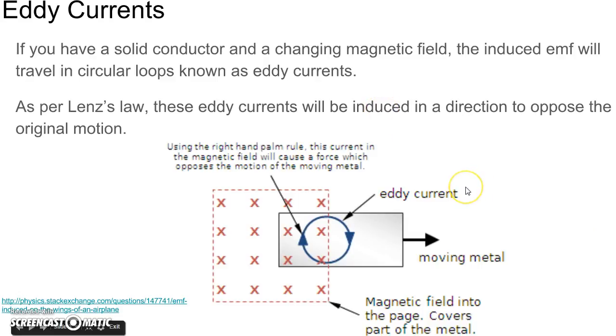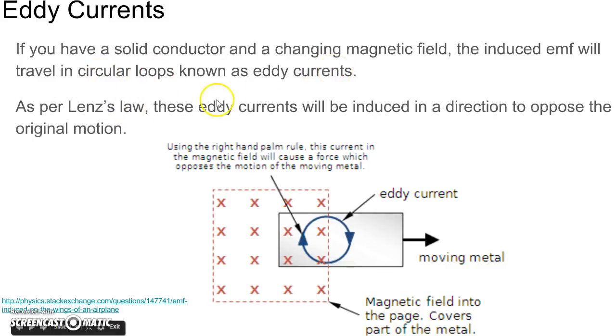Okay, so eddy currents. If you have a solid conductor, this occurs in a situation where we don't have a wire, we have a solid conductor. Here is a solid piece of metal that we're using rather than a wire. So if you have a solid conductor and a changing magnetic field, we know we're going to induce an EMF, but because it's a solid conductor rather than a wire, the induced EMF travels in circular loops, and they're known as eddy currents.